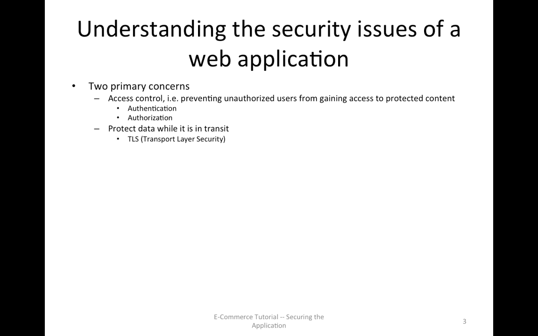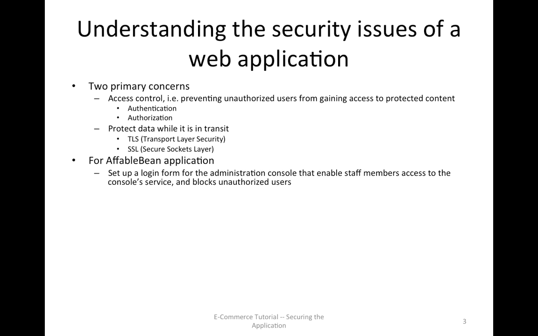The second primary concern is protecting data while it is in transit. This typically involves using Transport Layer Security, which is TLS, or its predecessor, Secure Sockets Layer, in order to encrypt any data communicated between the client and the server. So for the AffableBean application, we need to consider the following functionality.